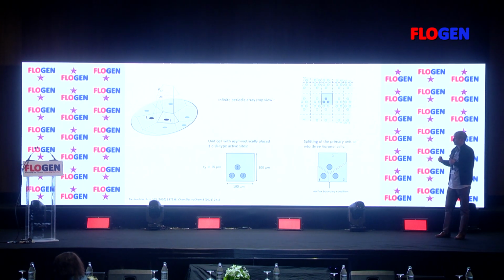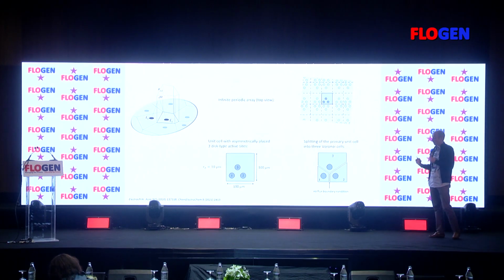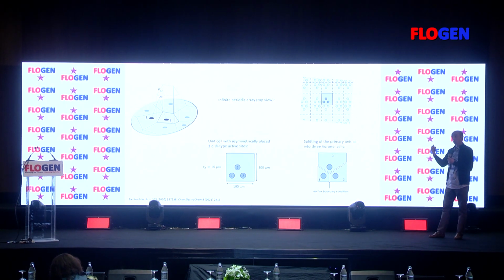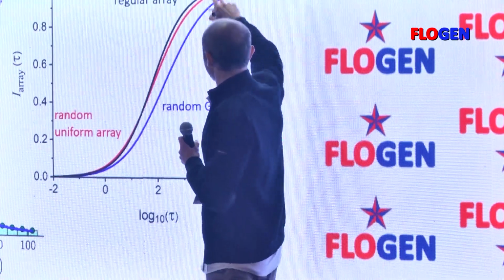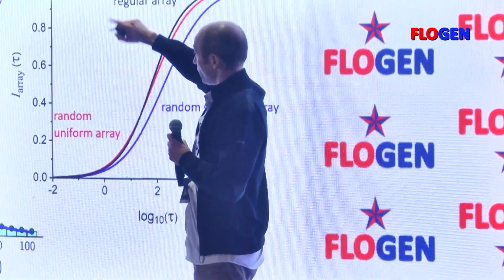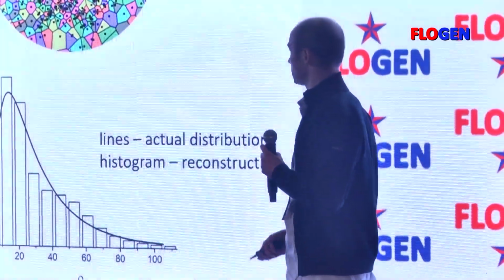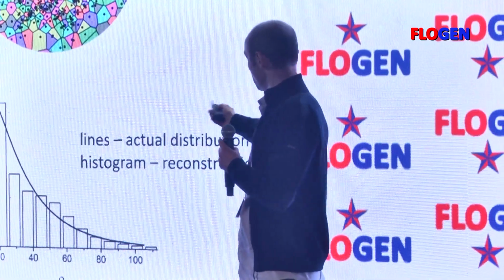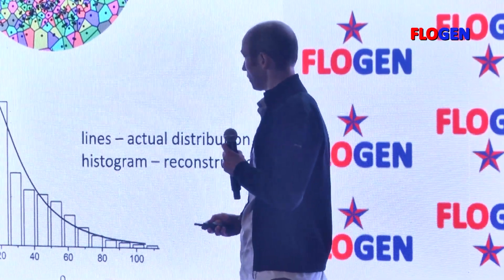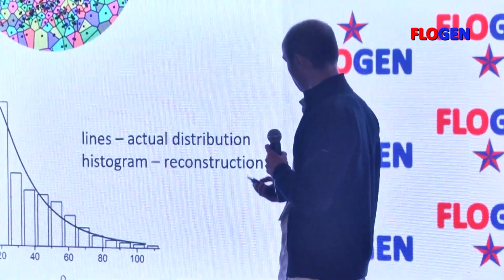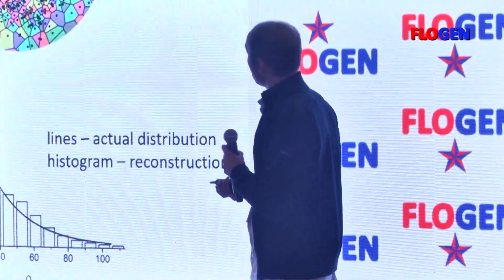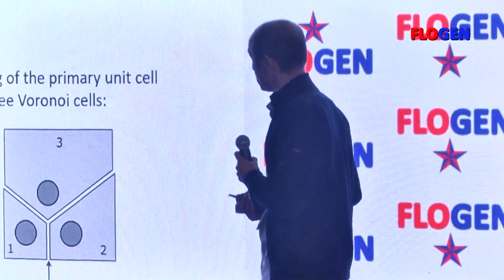But coming back to the question which I asked at the beginning, if we evaluate how the position of the active site relates to the current density passing through it, and if we consider, for example, this kind of infinite periodic array, we can identify a single cell which looks like this, with three active sites.